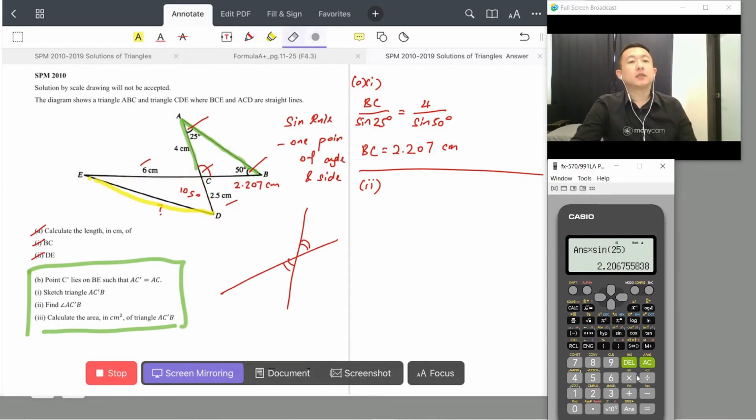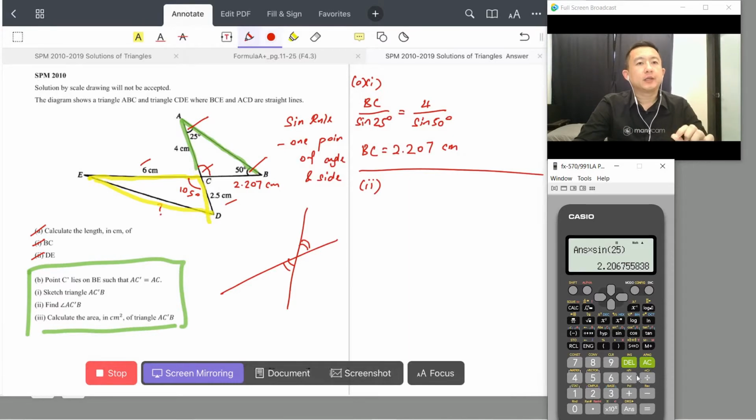Okay, and when you look at this triangle, yellow color, CDE, do you have a pair of angle and a side? No, right? You do not have that. So we are going to apply the cosine rule.